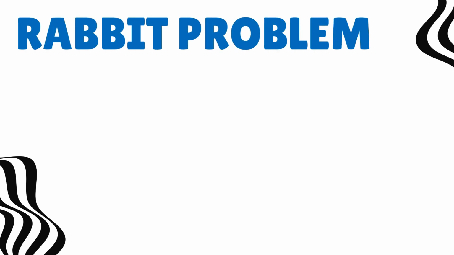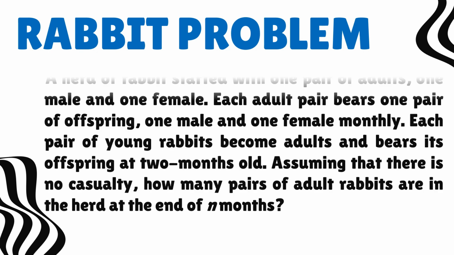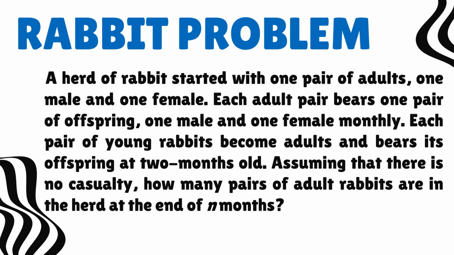The original problem that Fibonacci investigated in the year 1202 was about how fast rabbits could breed in ideal circumstances. The Fibonacci sequence is associated with a herd of rabbits that started with one pair of adults, one male and one female.